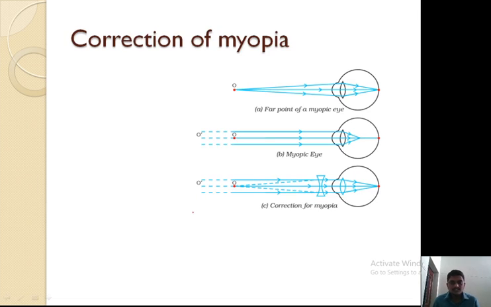You can see this is a normal eye with no defect in the vision. Actually this figure is for the myopic eye, not the normal eye.